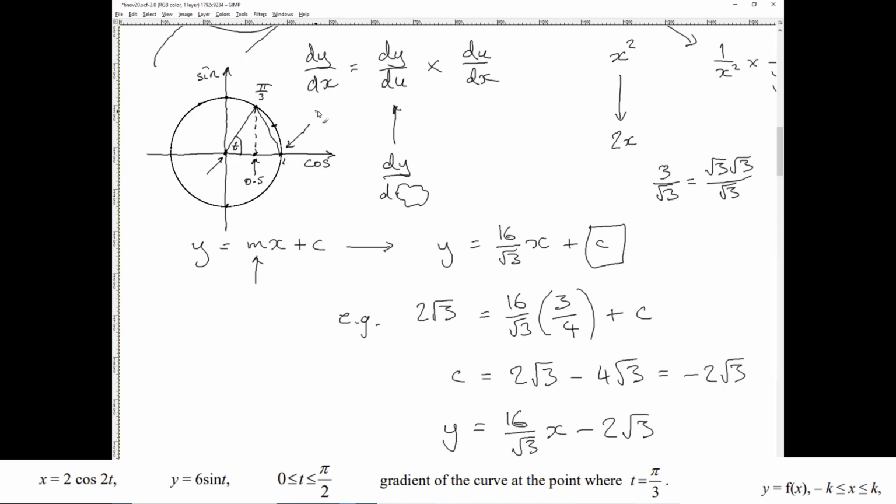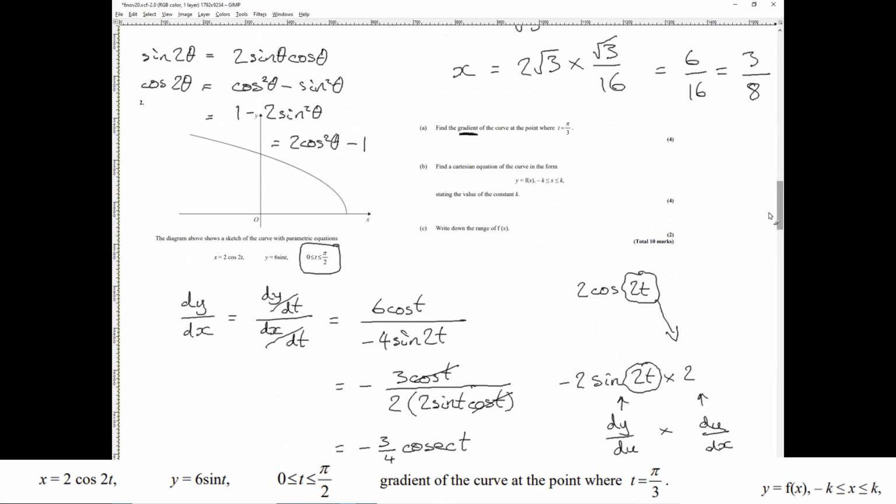That point there has got these coordinates: 1 horizontally, 0 vertically. So tell me the x and y coordinates when t is 0. So that was 1, 0.